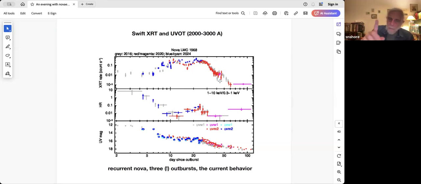Okay? What it means to have this peak is that you've gotten it to be thin enough so you can see the X-rays, but the X-rays haven't yet turned off. So the ejecta at the beginning here, this rise, are optically thick even at this energy.